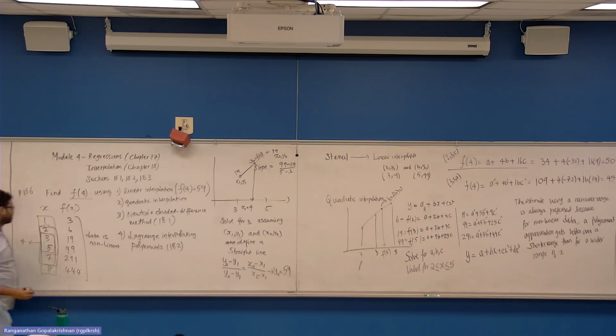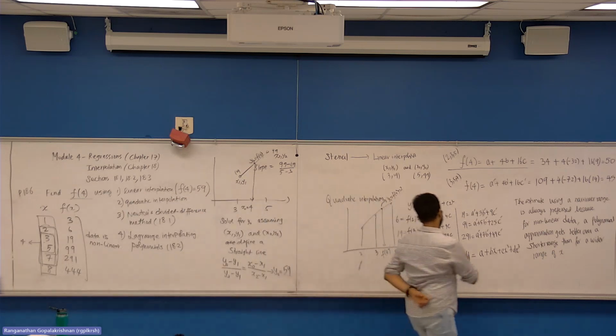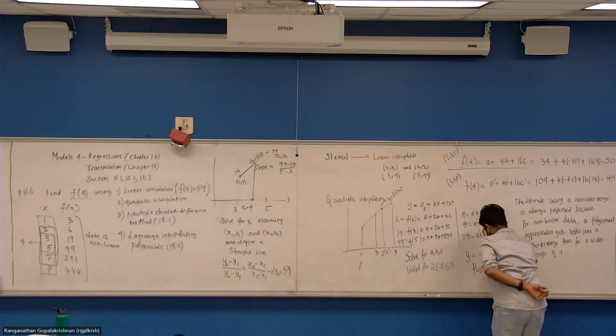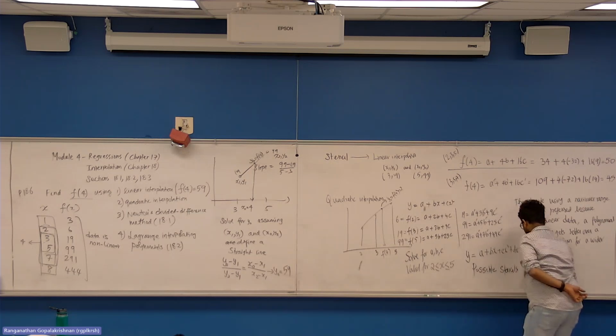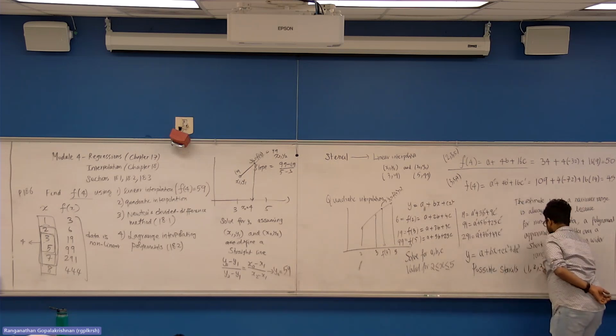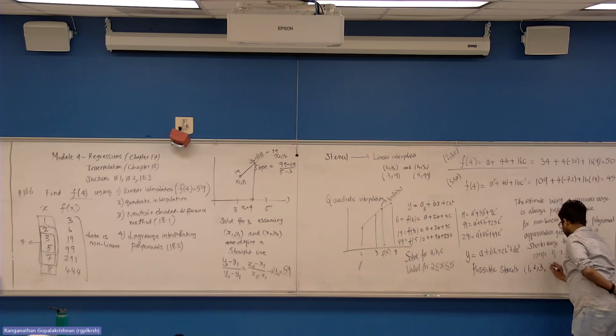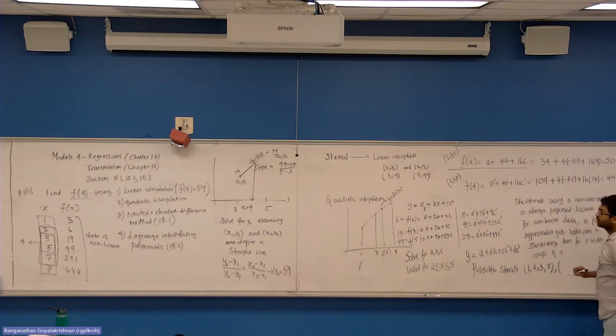So the possible stencils include 1, 2, 3, 5, and 2, 3, 5, 7, and 3, 5, 7, 8. Since 4 is contained in all of these intervals, you could pick any of them.